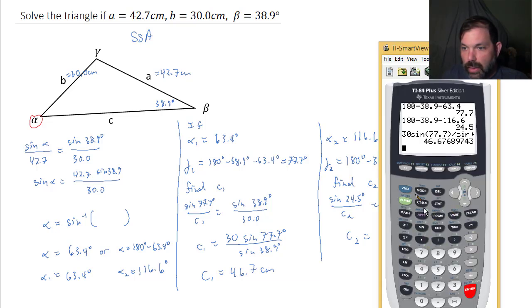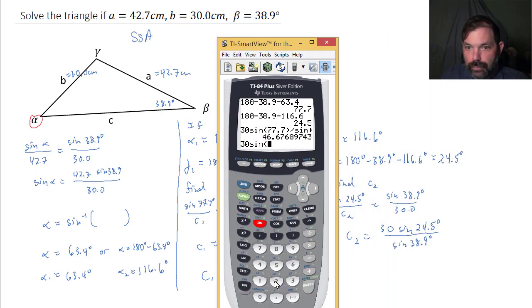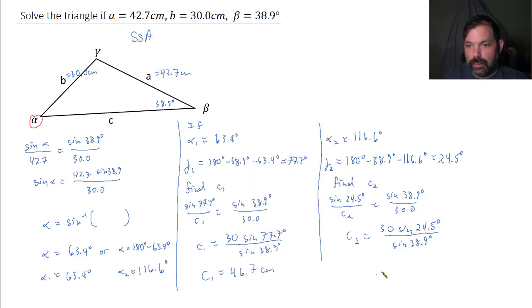All right, and then we'd have 30 sine 24.5 degrees divided by the sine of 38.9 degrees. C2 is 19.8 centimeters. So there's actually two solutions to this problem, and we have to state both of them.